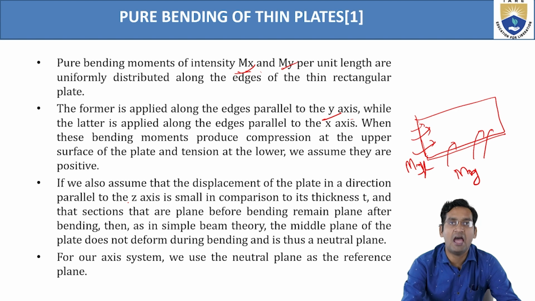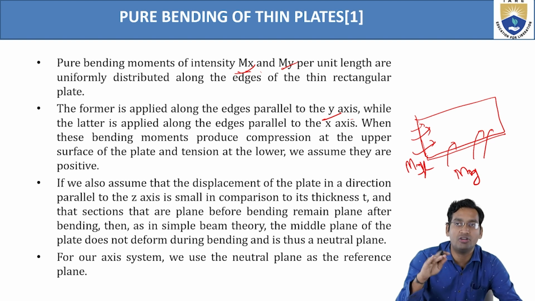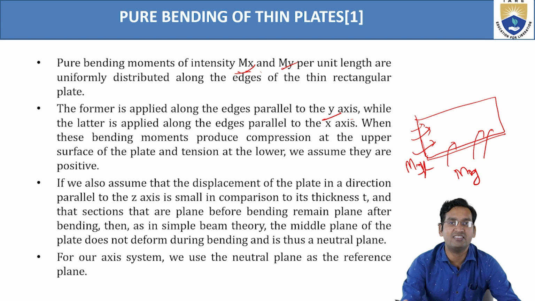If we also assume that the displacement of the plate in a direction parallel to the z-axis is small in comparison to its thickness t. So here we have to assume, because once we apply moment along x and y, then some displacement will be there along the z-axis. So that displacement we are considering very small, even in comparison to its thickness.